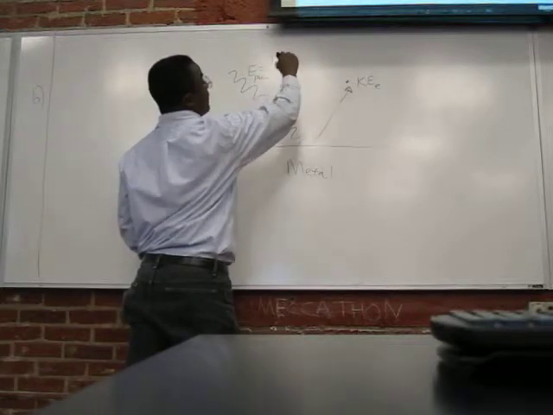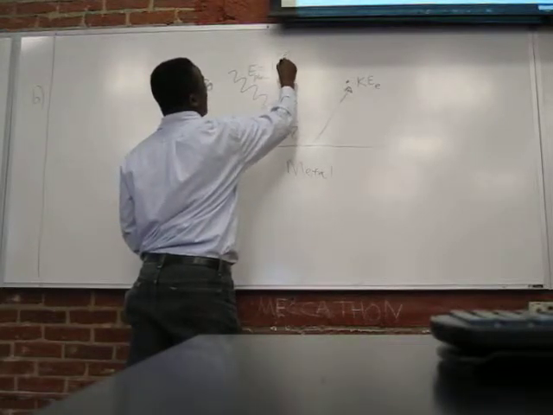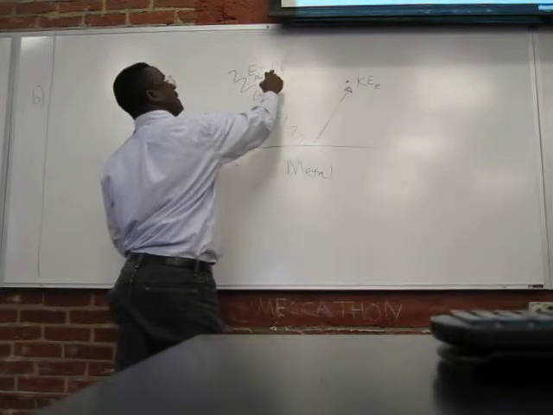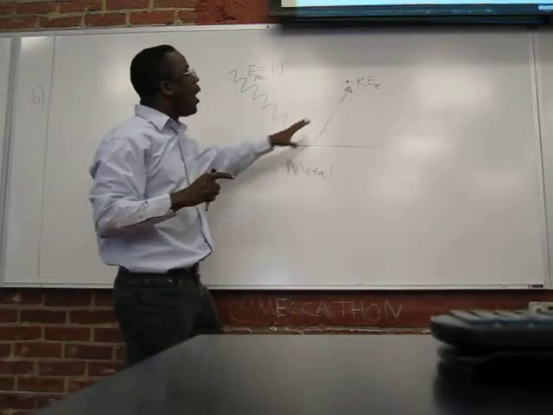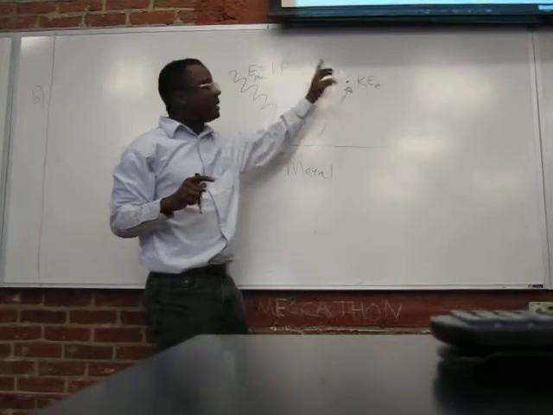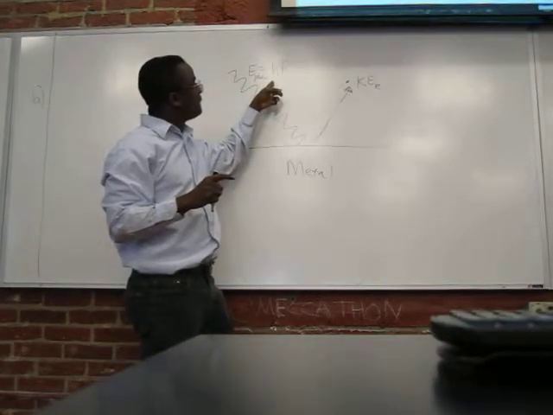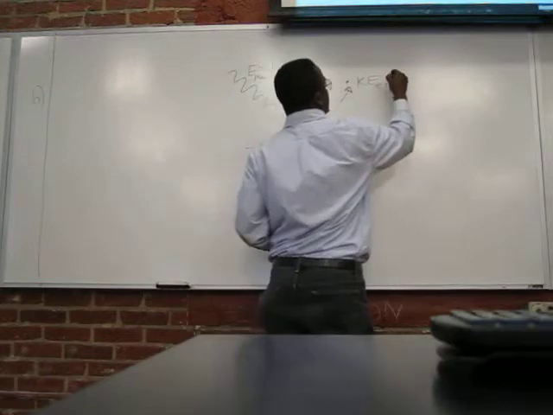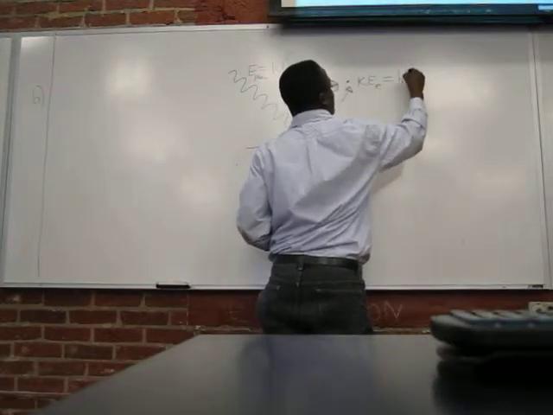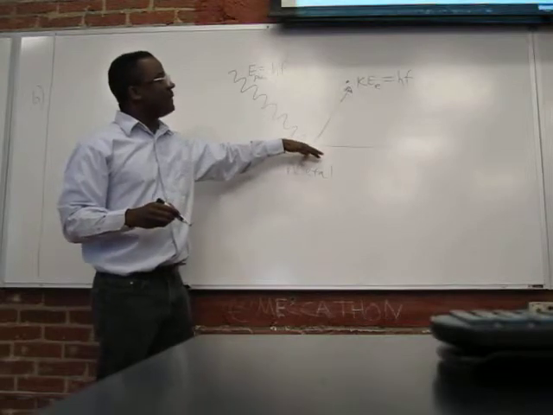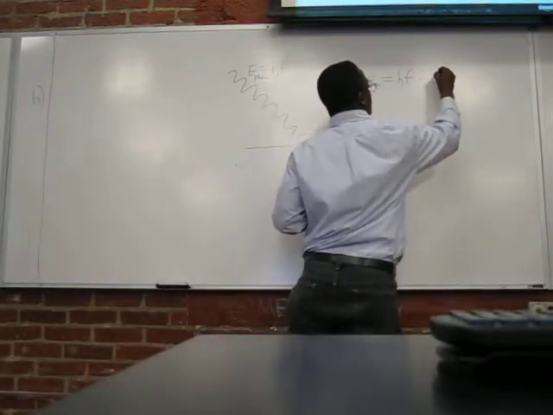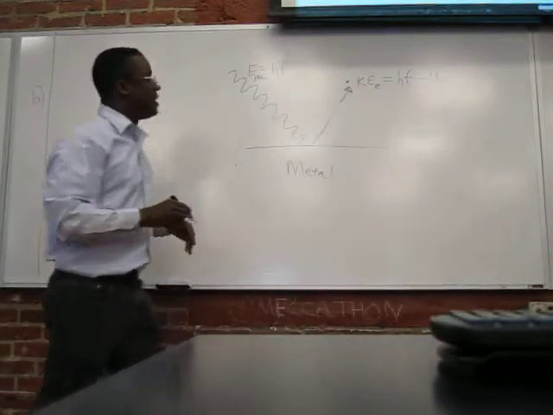And as we were saying before, the energy of the photon is described by this simple equation: Planck's constant times the frequency. All the energy that this electron gets comes from this photon. So the energy that it has is this photon energy minus the energy that it took to break it away from the metal, which is that W naught.